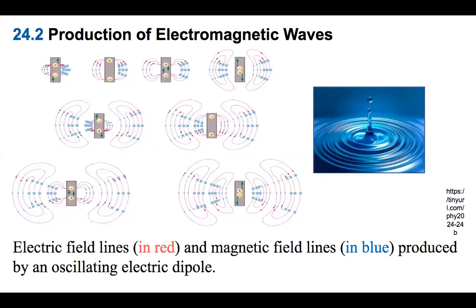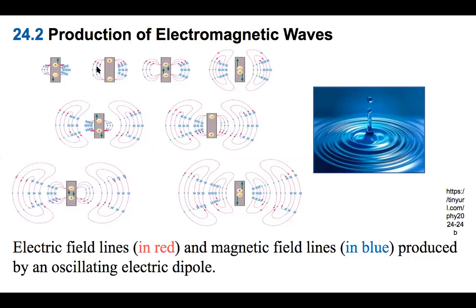Now, to generate an EMF wave, you can simply have two particles with charges, positive and negative. You move them close to each other and then make them vibrate, so the separation between them goes bigger and smaller, bigger and smaller. Then there will be an electric field generated.